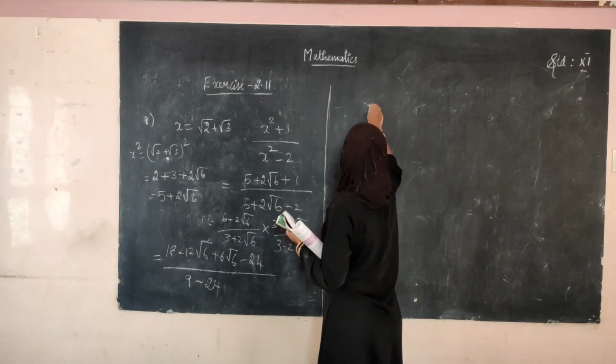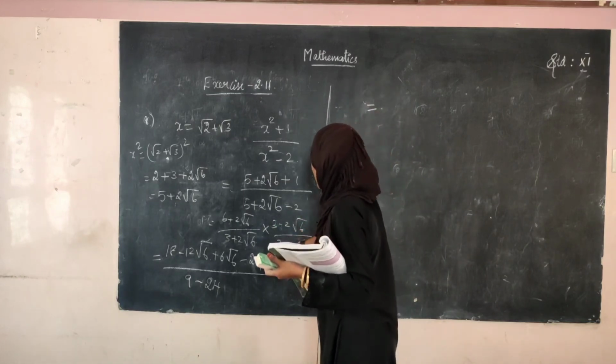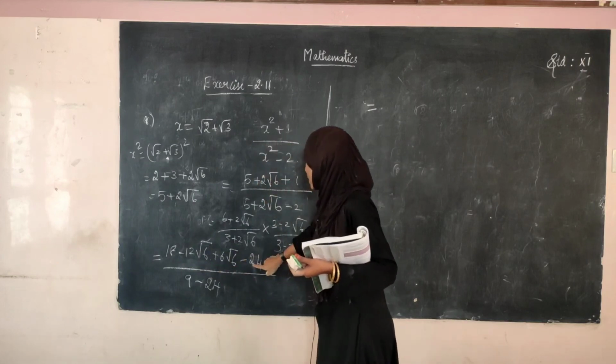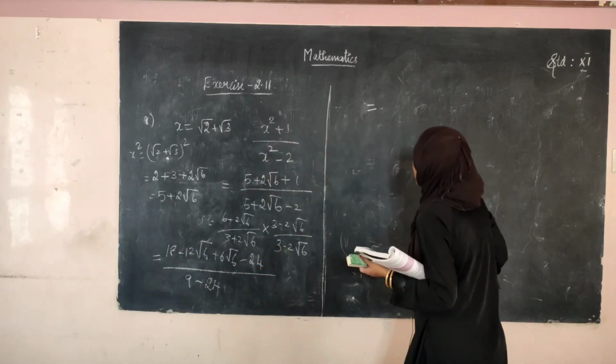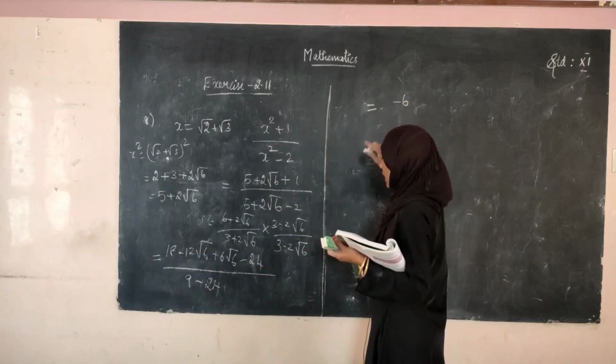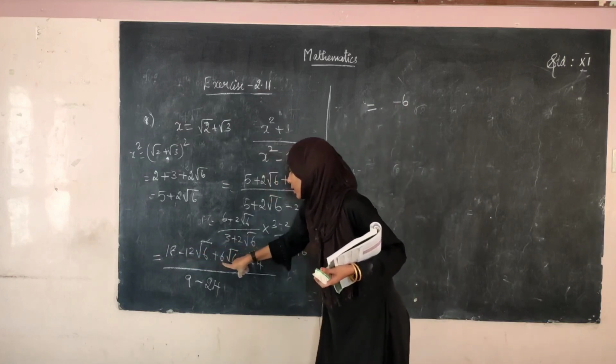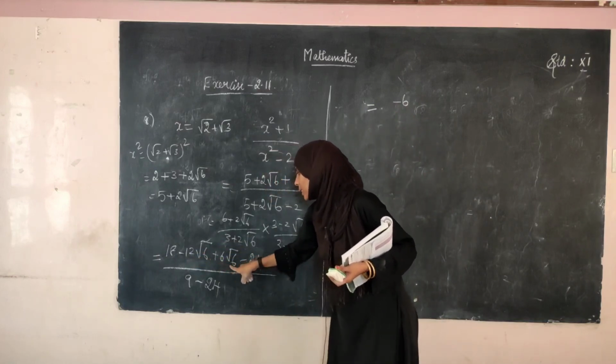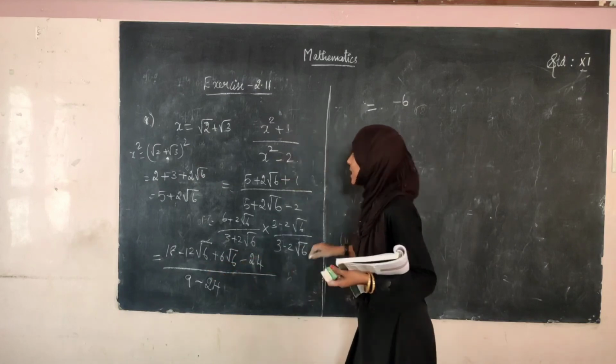And it is equal to, see, 18 minus 24 is minus 6, right? And here minus 12 root 6 plus 6 root 6, so it becomes minus 6 root 6.